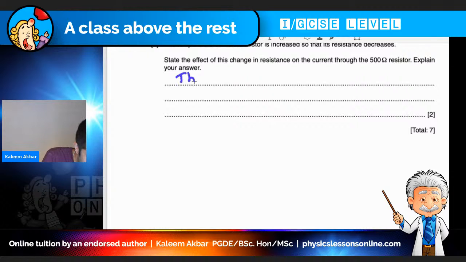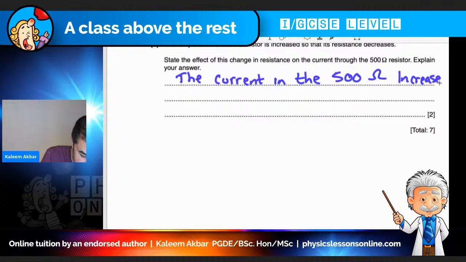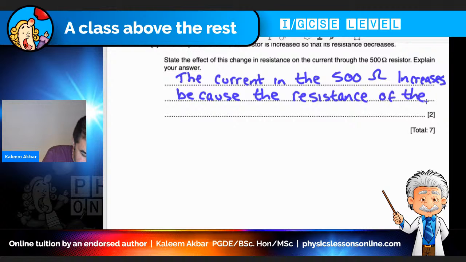The current in the 500 ohm resistor increases because the resistance of the entire circuit decreases.